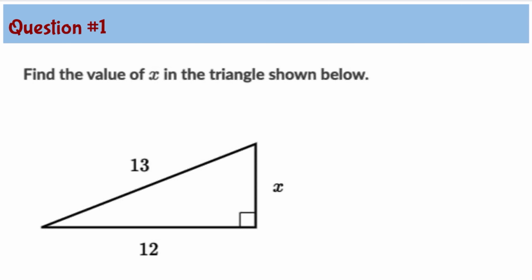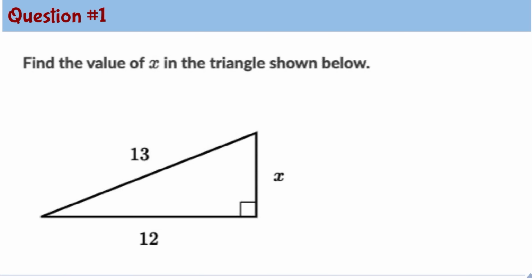Here's question number 1. Find the value of x in the triangle shown below. The first thing that you always need to do is determine which side is the hypotenuse. In this triangle, the hypotenuse is 13 because that is across the 90-degree angle.